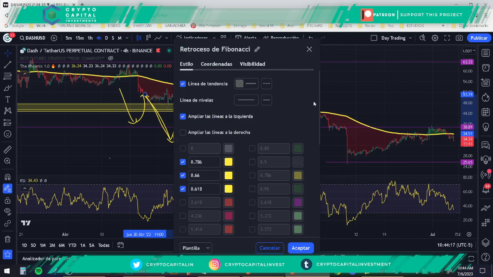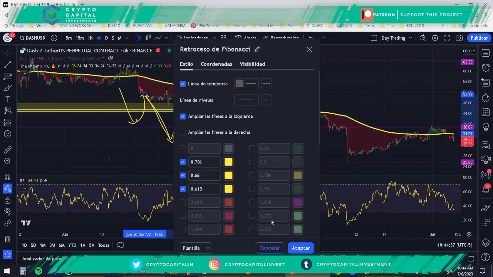Now let me get into this tool so you can identify different things. The three levels that I look into are the 61.8%, 66%, 78.6%. Those are the Fibonacci levels.